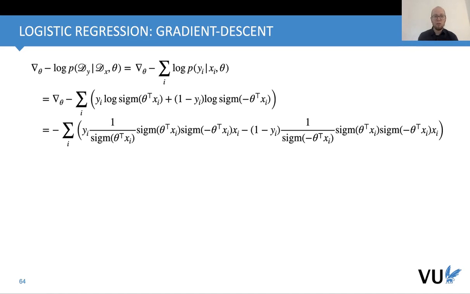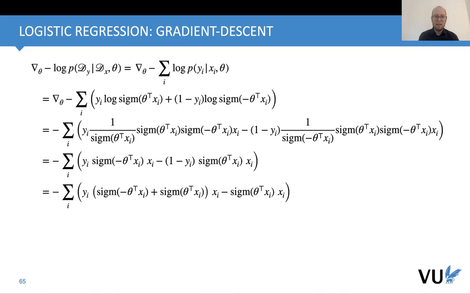So we can further move the gradient inside, because the gradient of a sum is the sum of gradients. We apply these properties of the sigmoid function. Now we see that we can start canceling some elements and simplify further. We multiply by y or 1 minus y and reorganize to end up with a very nice gradient.